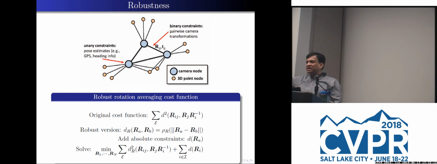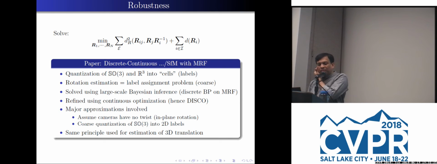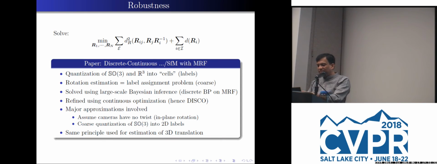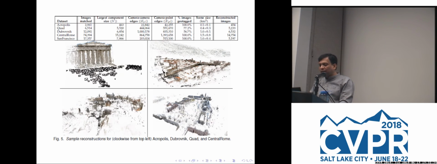So this is like a coarse estimation of the problem solution, right? And so that becomes a labeling problem. So what they did is they took an estimation problem and converted it into a labeling problem. And once you do that, different Bayesian inference techniques can be applied. And I won't go into all the details of the approximations that they do there, but here are some of the results.